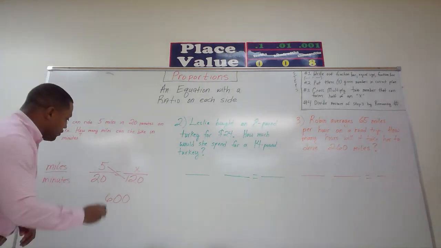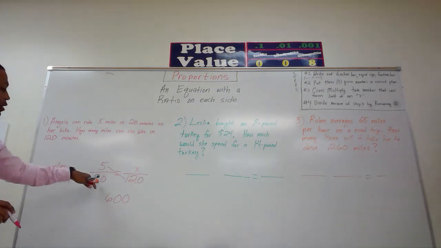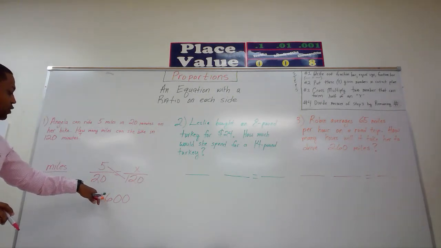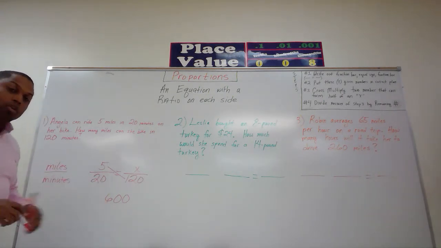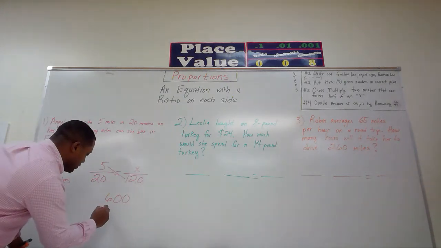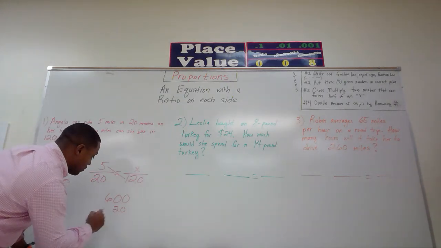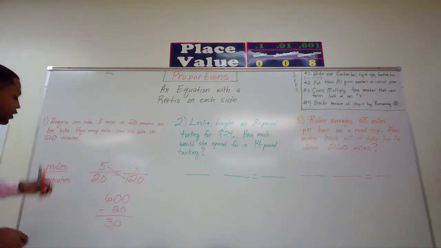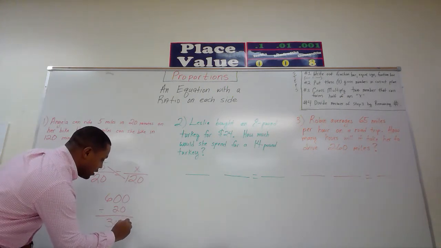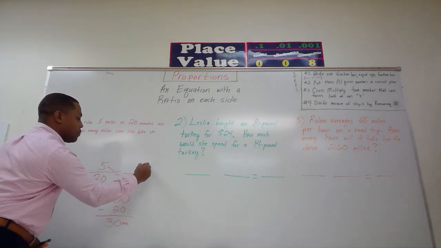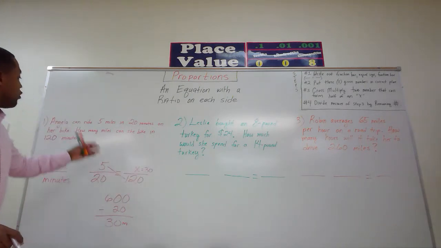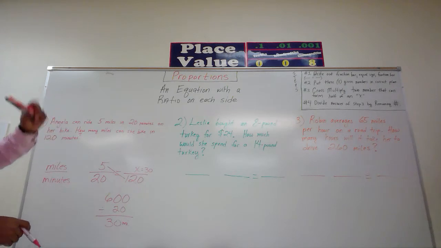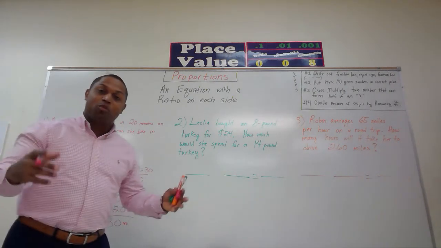Then I'm going to divide this 600 by the remaining number, which is 20. That gives me 30, and that will be 30 miles. So Angela can bike 30 miles in 120 minutes.